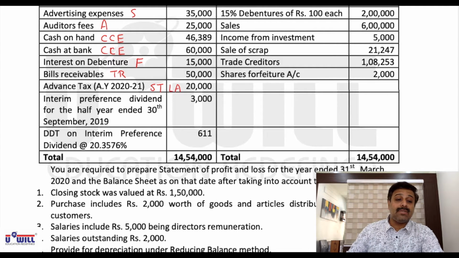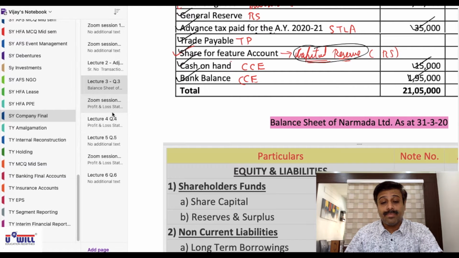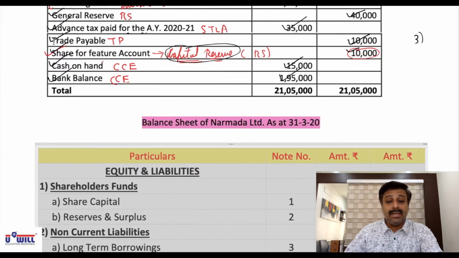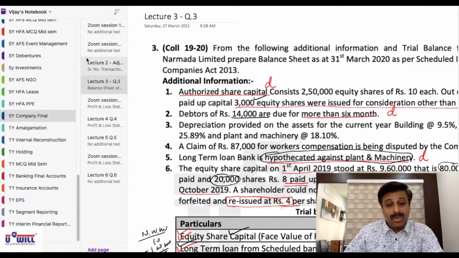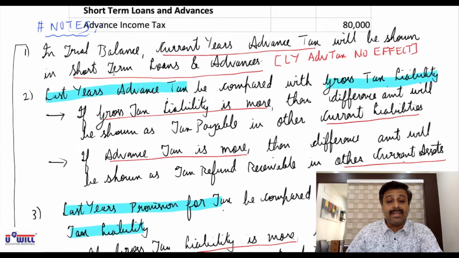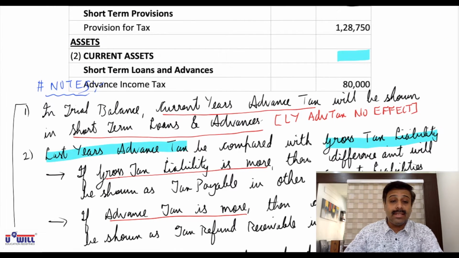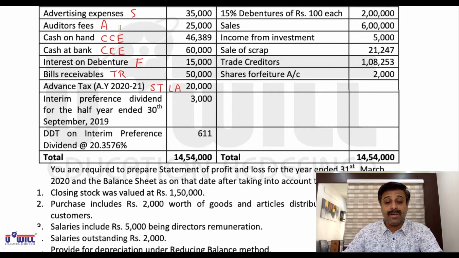I discussed with you in the earlier sessions that provision for tax, current year's advance tax will be shown in short-term loans and advances, and last year's advance tax would not have any effect. But here last year's advance tax is not given, the current year's advance tax is given, because it is mentioned advance tax for assessment year 2021.